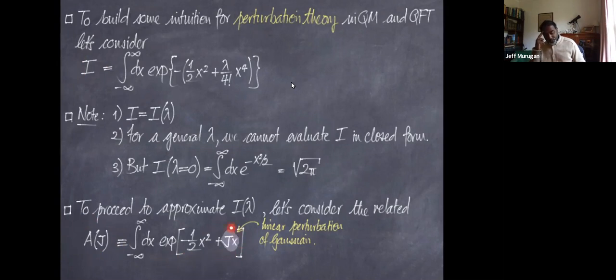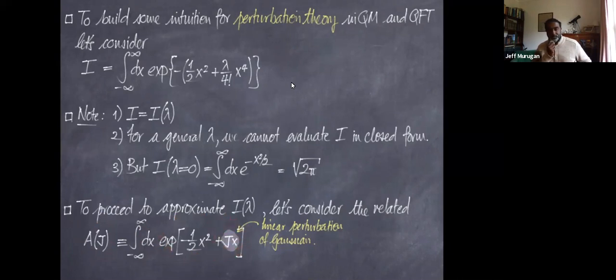The coefficient of this guy, again integrating out x, means that this integral, which I'm calling A, is a function of this coefficient, which we'll call J for traditional reasons. In the language of quantum mechanics, quantum field theory and string theory, this J is called a source term. In fact, the whole J times x is called a source term. And so this is perturbing this Gaussian integral by a source.